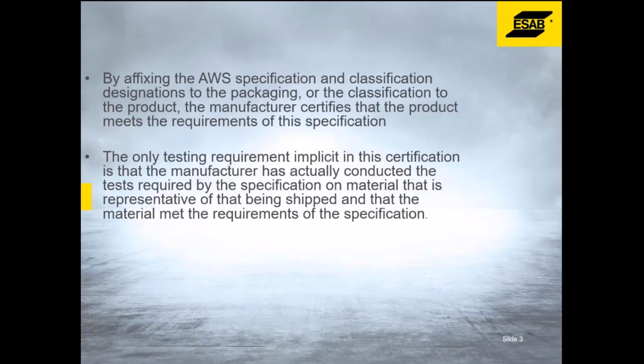That's always very common, or particular lot classes or different schedules of testing. But if you see that designation on a package, that manufacturer is certifying the product in that manner. AWS is not like some of the other third-party organizations where they do different levels of testing. It's more of a self-certification when you use that AWS classification.